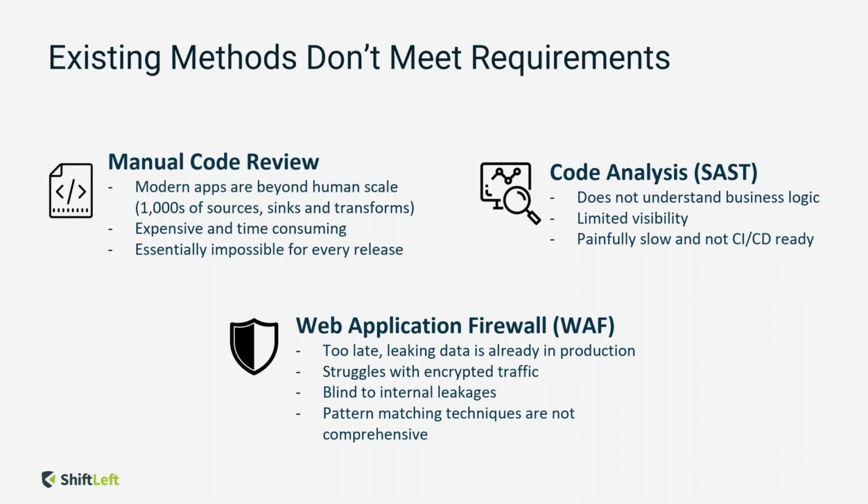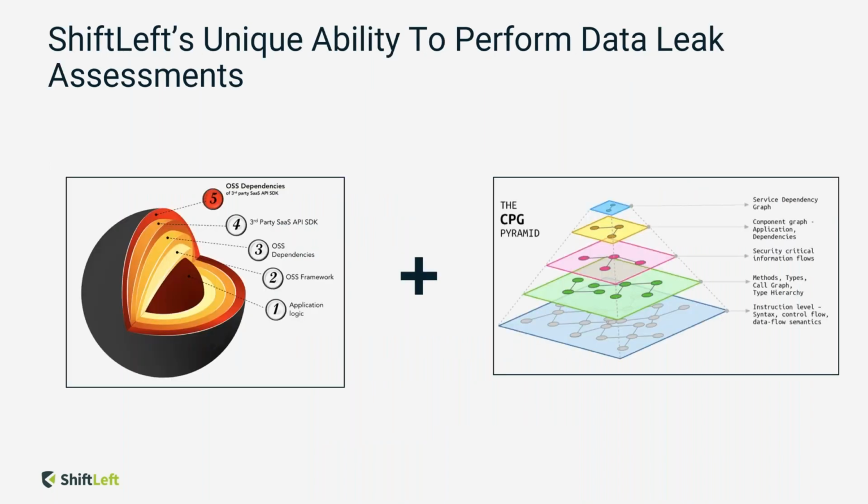So let's shift gears and see what Shift Left offers and what we can do. Shift Left was founded on this technology, our secret sauce called the CPG, that's Code Property Graph. What it effectively does is, we have a unique way of representing your source code as a graph. And I say unique because we do it in a single data structure.